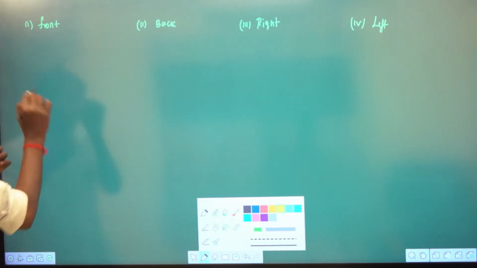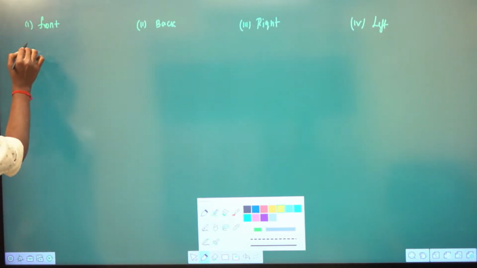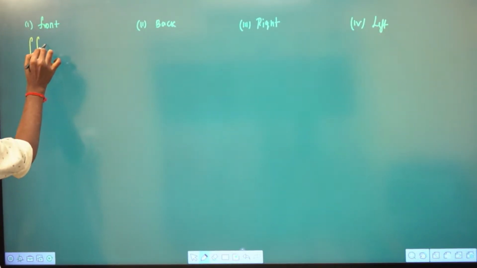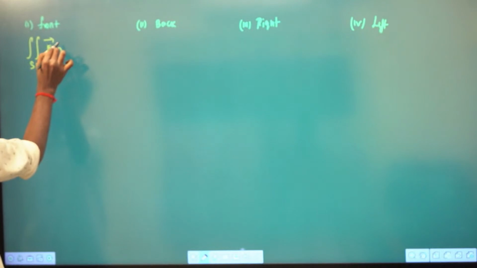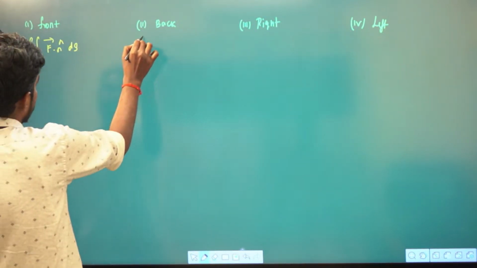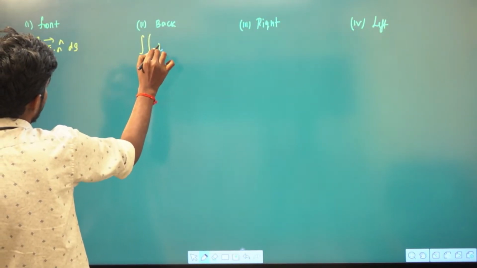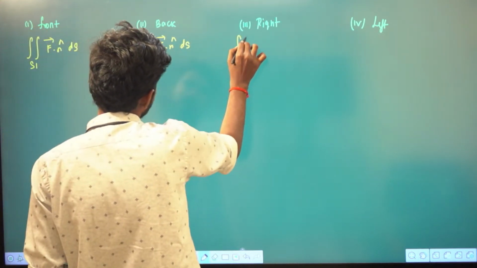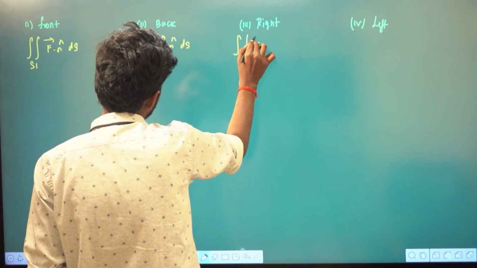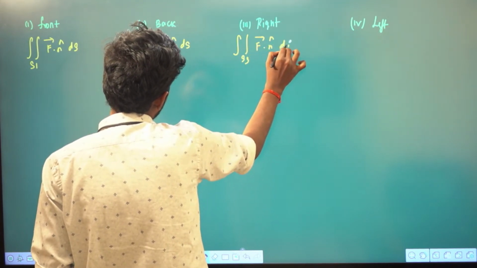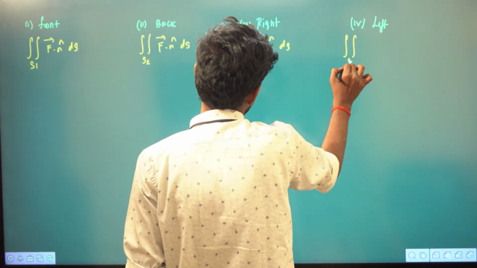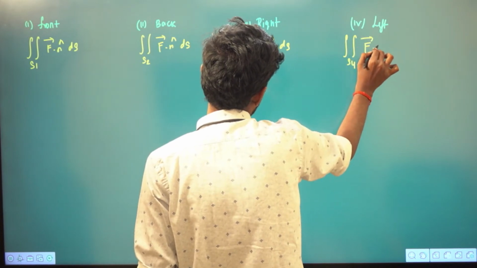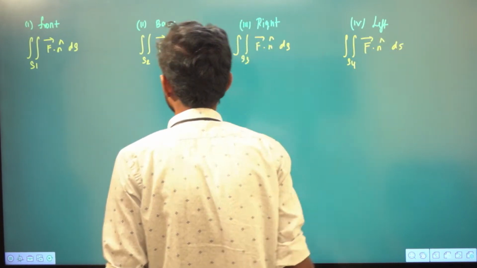We are finding the double integral over S of F vector dot n cap ds. So first you find S1, F dot n cap ds. This is S2, F dot n cap ds. This is S3, F dot n cap ds. This is S4, F dot n cap ds.